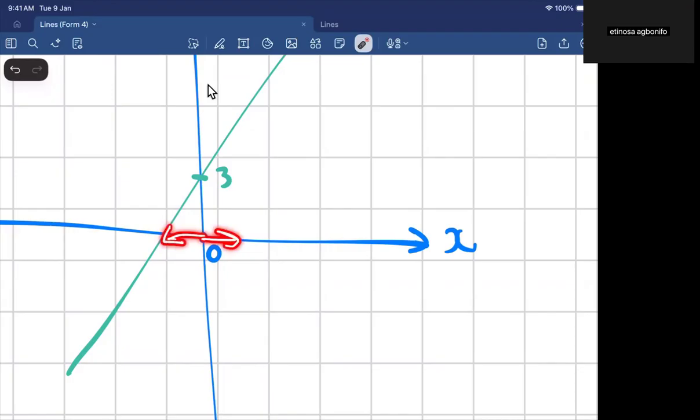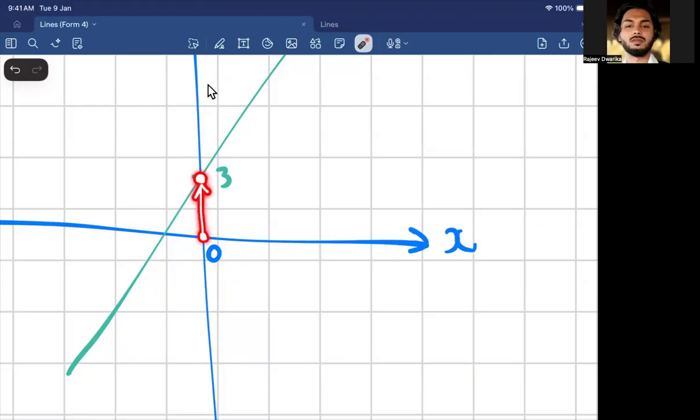If you look carefully, we only moved up. So my question, did we move left or right? If I want to reach over there, should I move left or right, or should I just go straight up? Just go straight up.